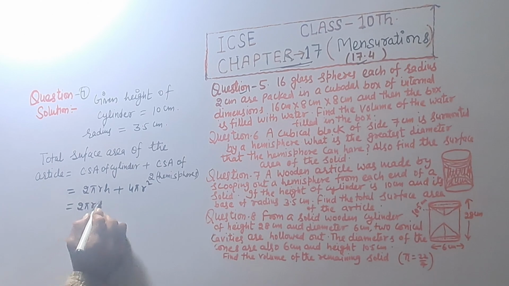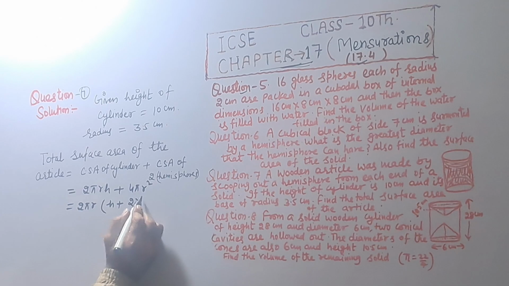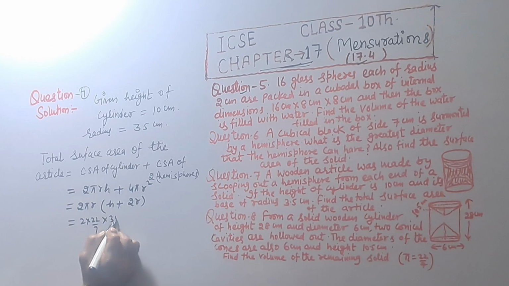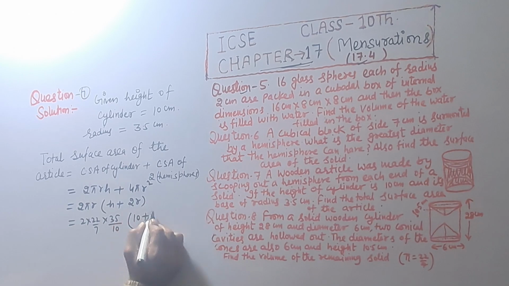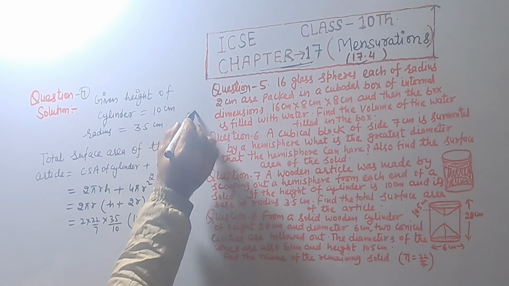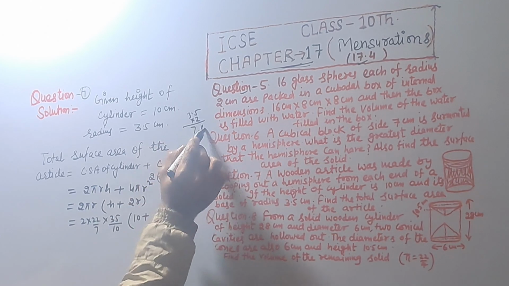2 pi r is common, in bracket h plus 2r, that is 2 into pi is 22/7 and radius is 3.5, that is 35/10. Height is 10 plus 2 into r, 3.5 multiplied by 2, that is equal to 7.0.